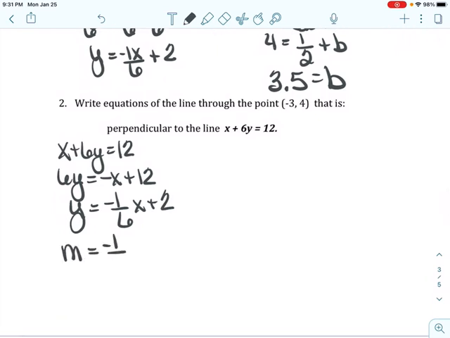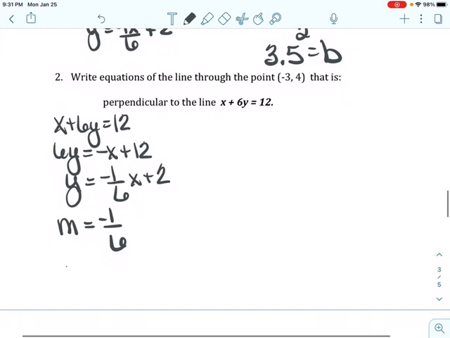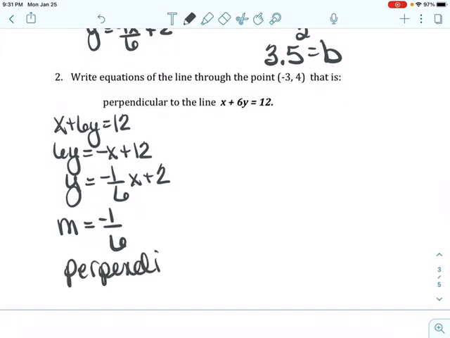Okay, so our slope of the line that we have is -1/6. So the perpendicular slope is going to be, we're going to flip it over. So it becomes 6/1 or 6. And we're going to change the sign. So it's negative, so now it becomes positive. So that's the slope I'm going to use.